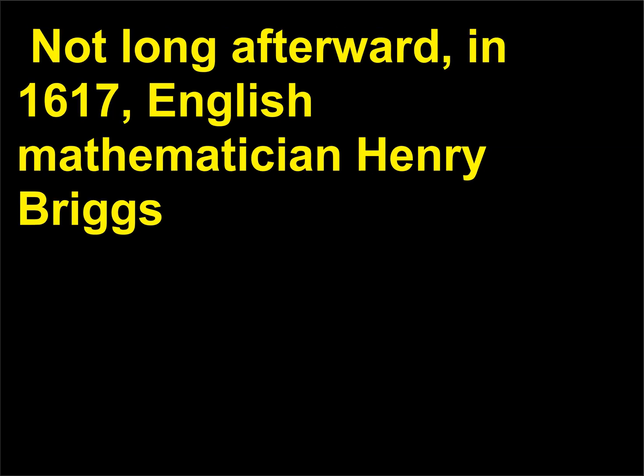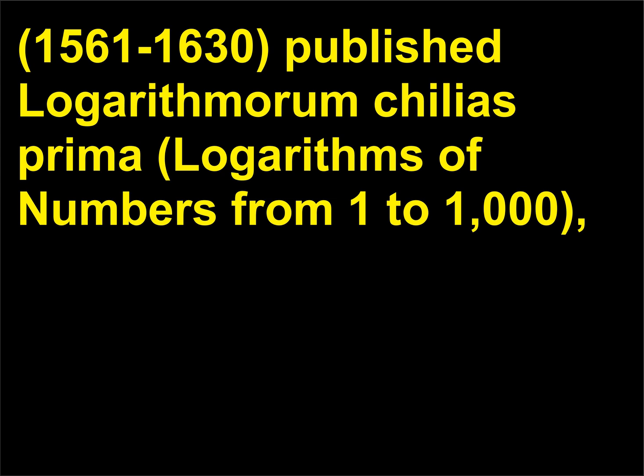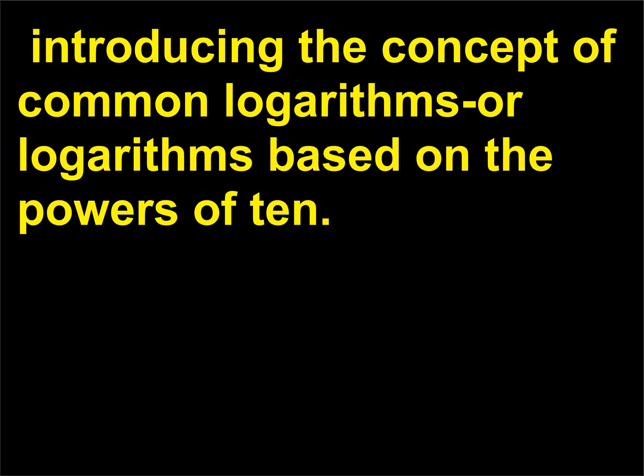Not long afterward, in 1617, English mathematician Henry Briggs, 1561 to 1630, published Logarithmorum Chilias Prima, logarithms of numbers from 1 to 1000, introducing the concept of common logarithms, or logarithms based on the powers of 10.